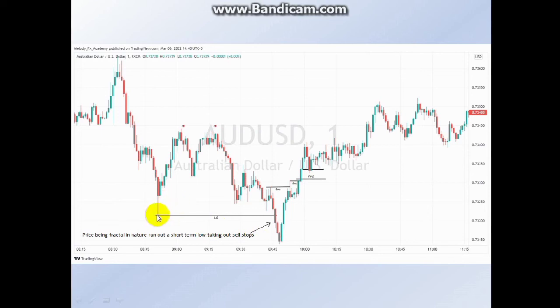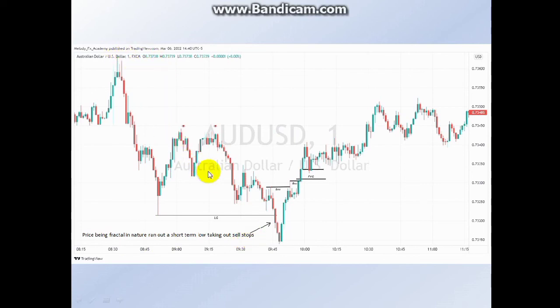Now price created a short-term low here, and created a kind of double top. So there will be buy side liquidity resting above these old highs, these equal highs. Remember, price is fractal in nature. Price ran out a short-term low, taking out sell stops on the 1 minute time frame.